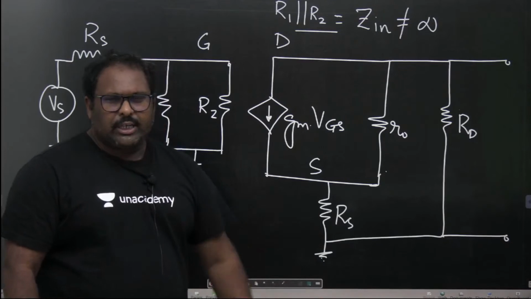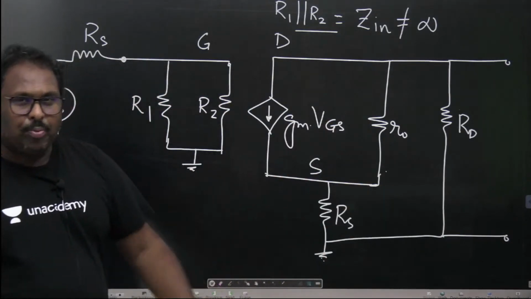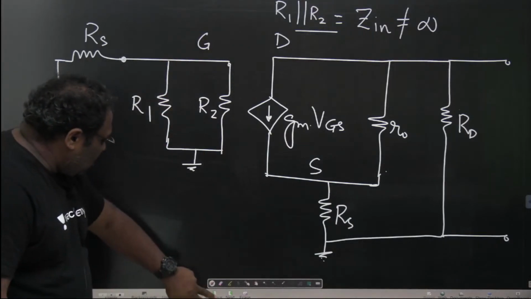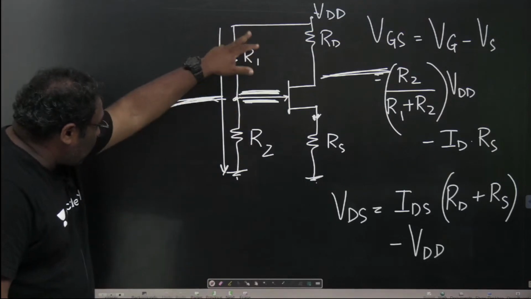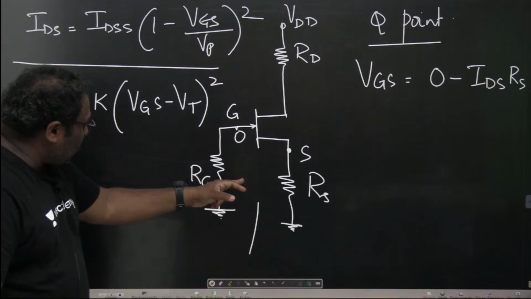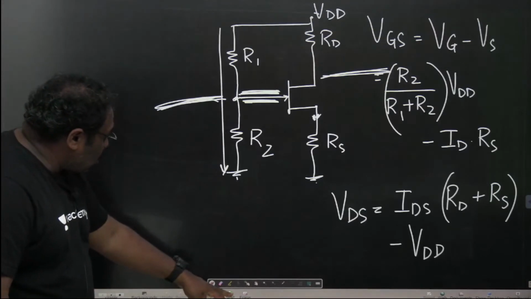So input impedance is expected to be high because voltage is controlling the output flow. Similarly, if you replace your voltage divider bias with fixed bias or self bias like this, RG replaces your R1 and R2. That's how things work out.